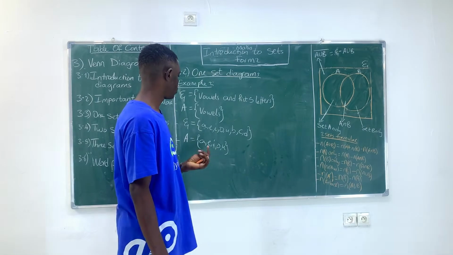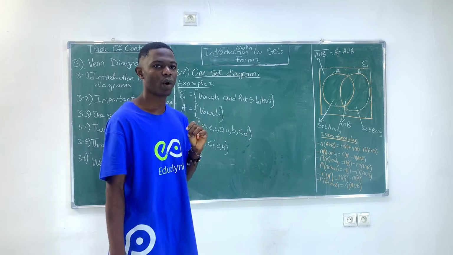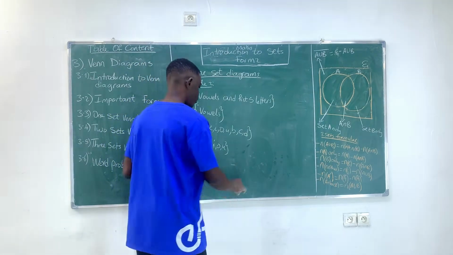So if they ask to represent this in a Venn diagram, how do you do it?